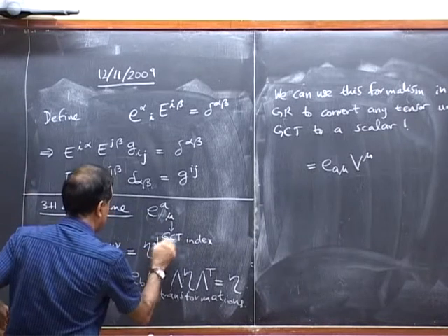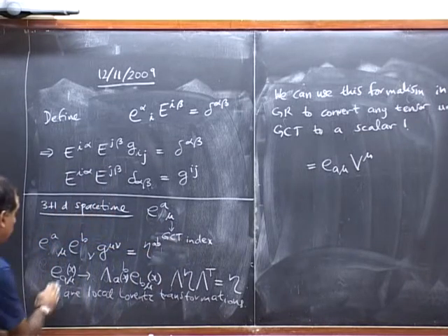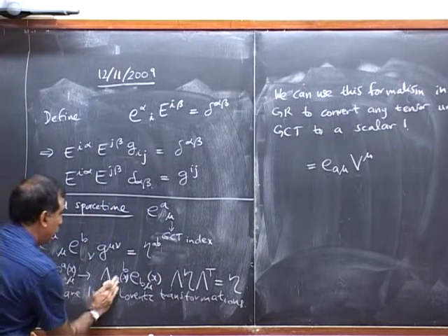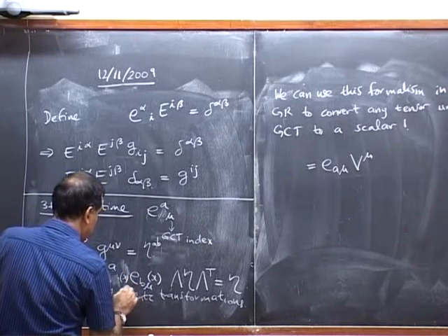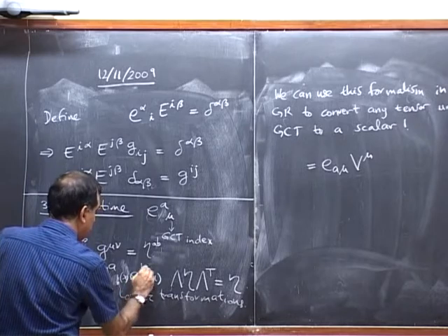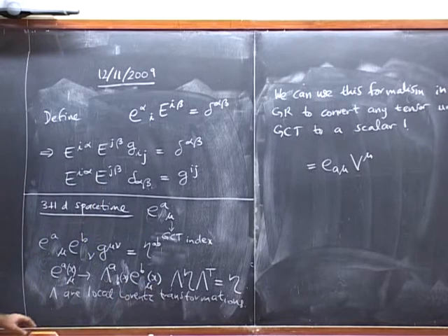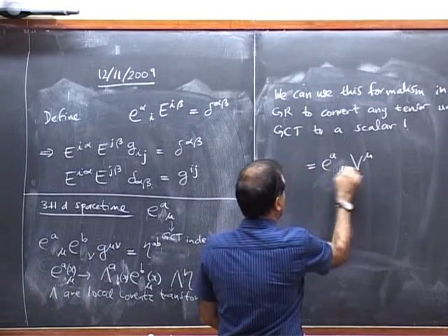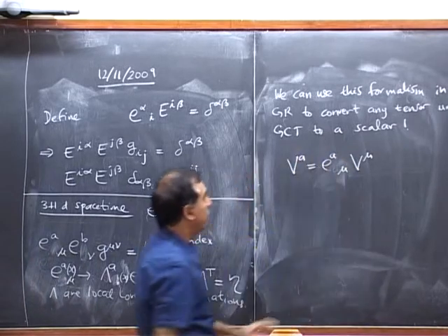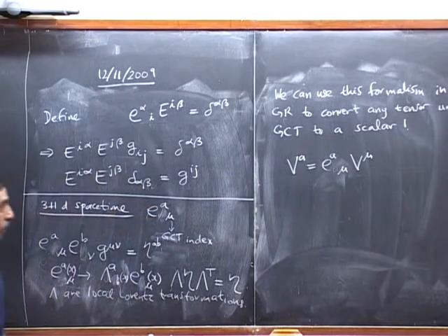But eta upper AD is the same as eta lower AD. So it doesn't matter at all. But I think I'll prefer this, because in that case, we have index A here and mu here. The result I'll call V^A. The definition of V.